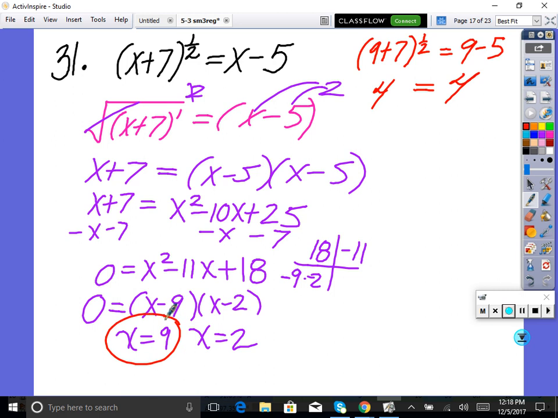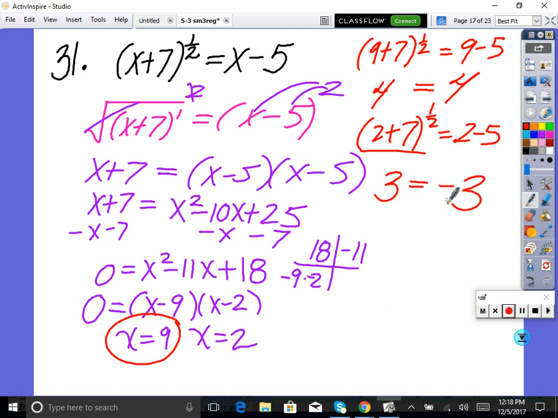Let's check 2. 2 plus 7 to the 1/2 power equals 2 minus 5. Type that in. 3 equals negative 3. Do you see how we're getting that? Not true. Therefore, 2 is extraneous.